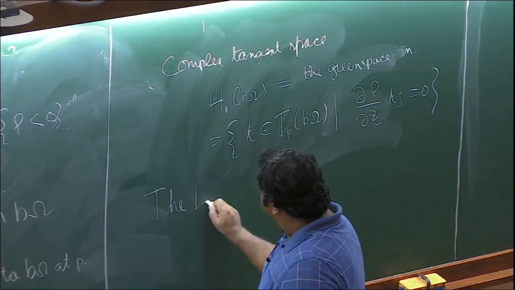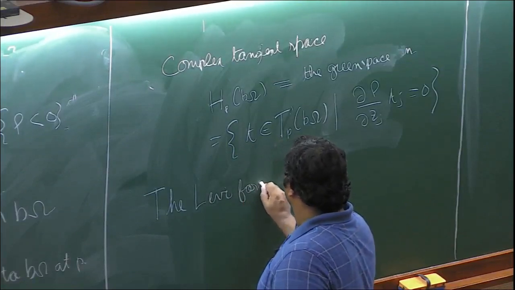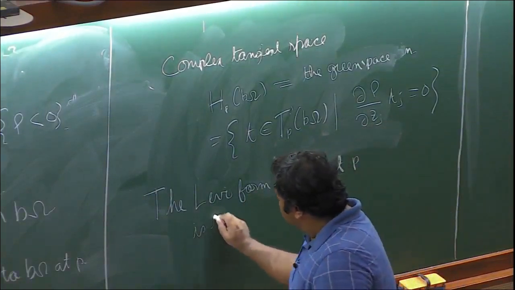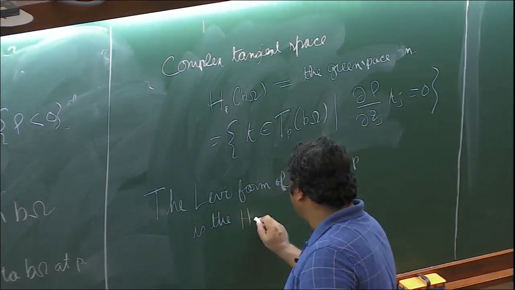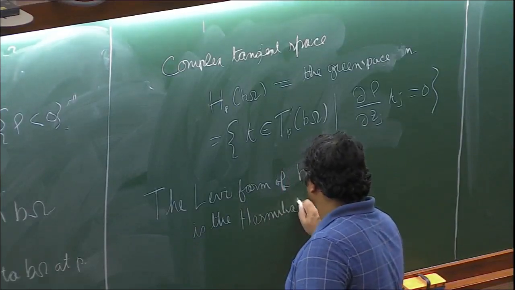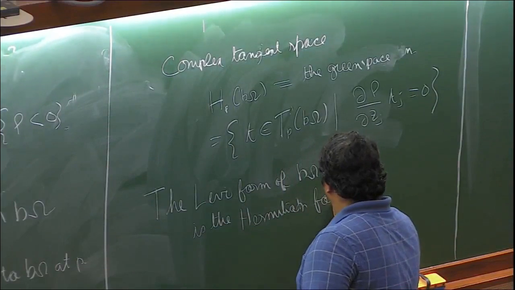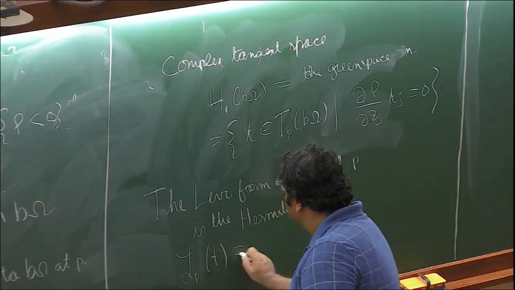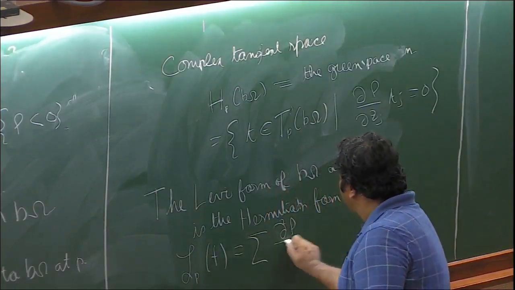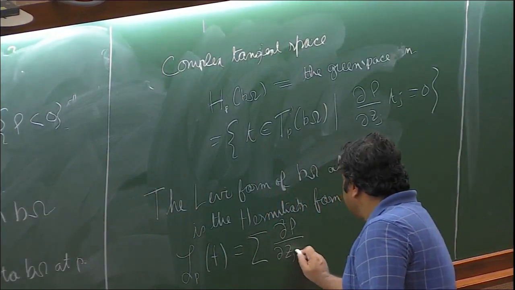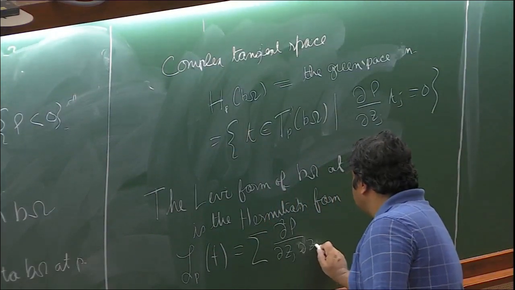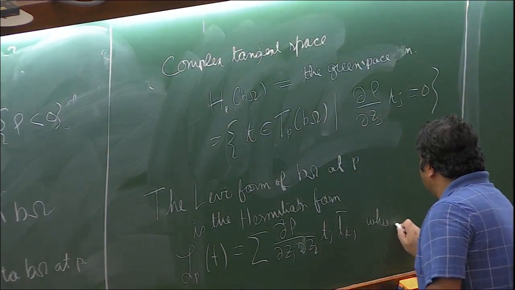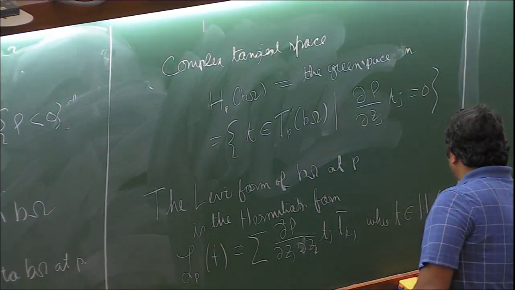The Levi form of B omega at P is the quadratic form or the Hermitian form given by LP of T is sum d square rho over d zj d zk bar tj tk bar, where T is in HP of B omega.